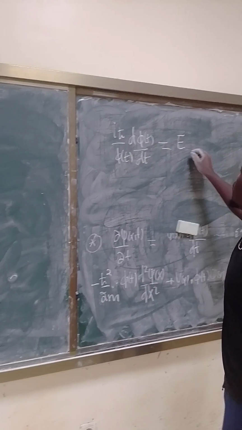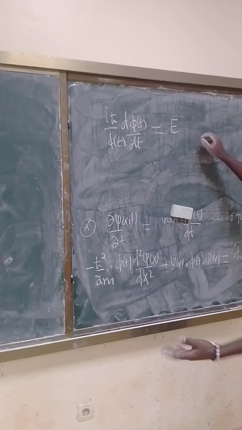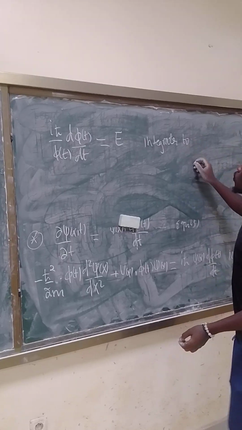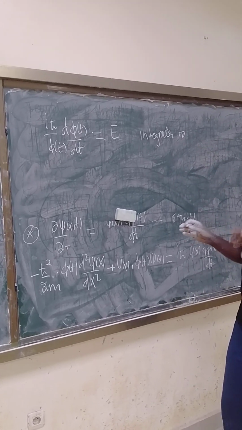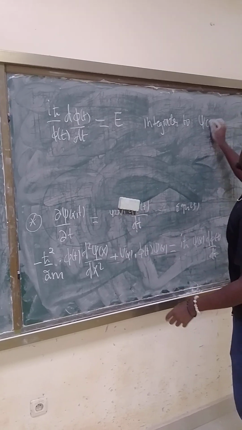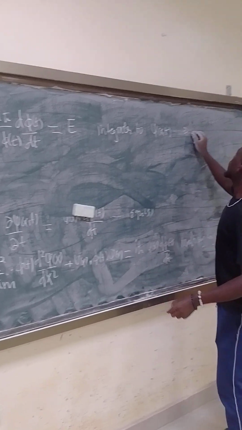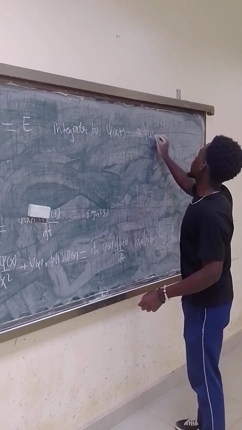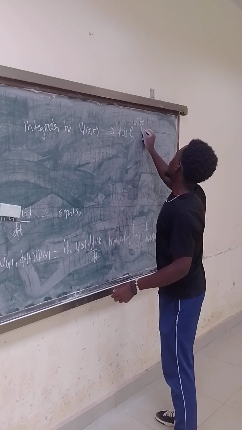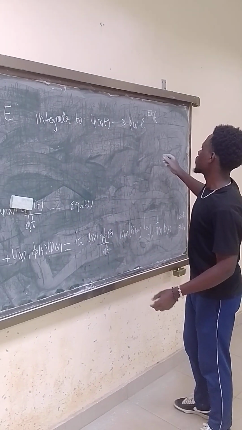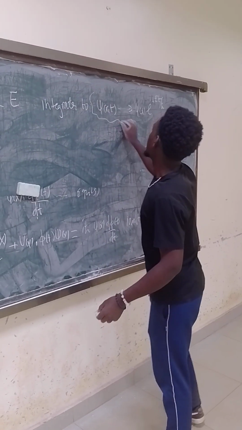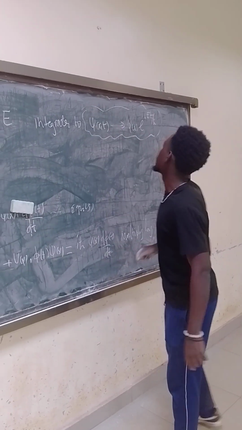So actually this other part integrates to the solution of the time-dependent part, which is phi as a function of time, equal to e to the power minus iEt over ħ, the reduced Planck constant. So this one now is the solution to the time part of the time-dependent Schrödinger equation.